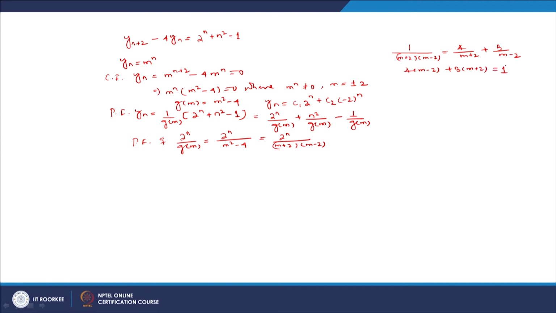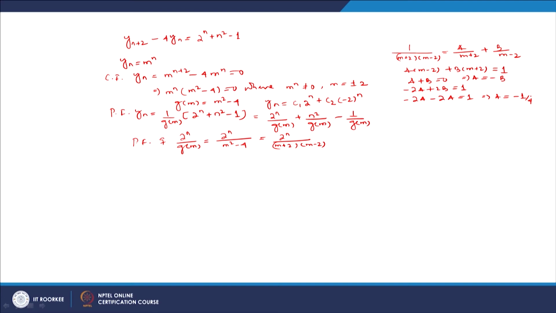If we take the coefficients of m, this can be written as a plus b equals 0, and then we have minus 2a plus 2b equals 1. From the first equation, this implies that a equals minus b. So if I replace it directly, minus 2a minus 2a equals 1, which implies that a equals minus 1 by 4.